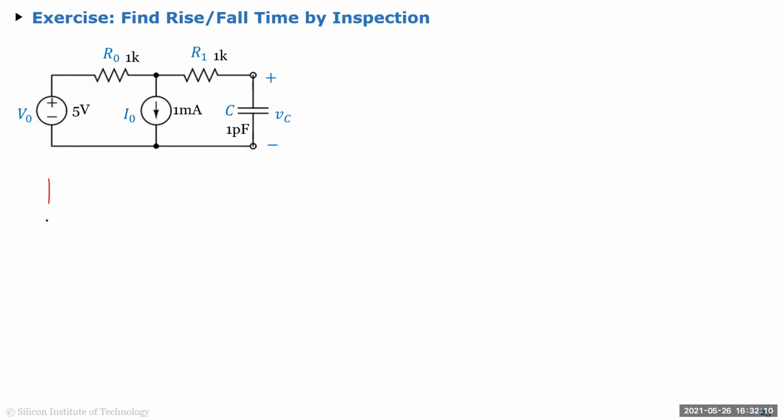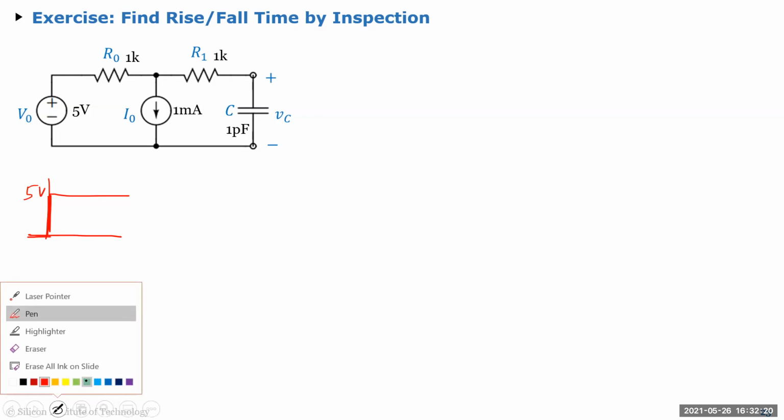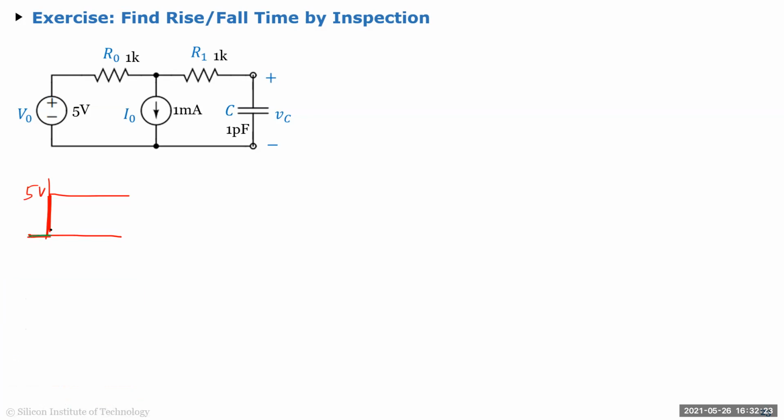At time t equals 0, the voltage source V naught goes from 0 to 5 volts, and the current source I naught goes from 0 to 1 milliamp. Obviously this is a first order system because I have only one cap.